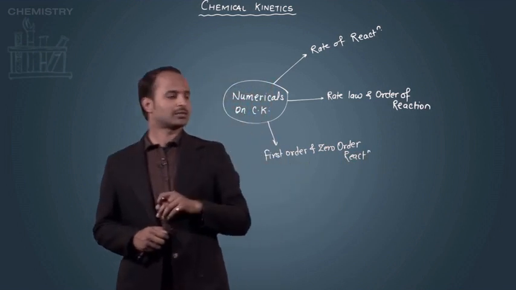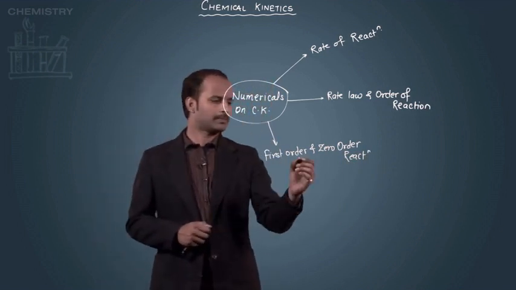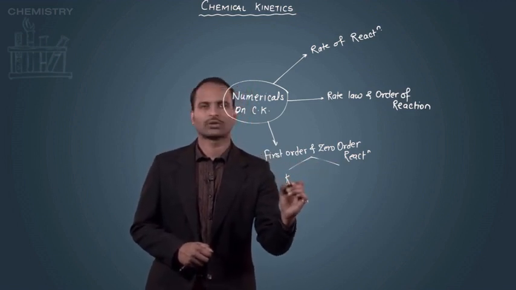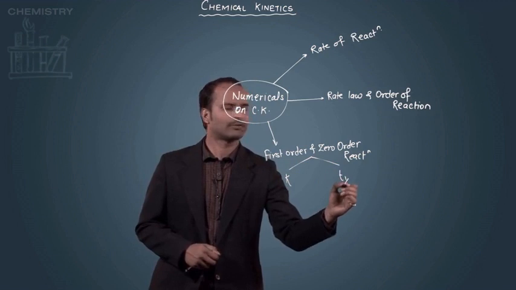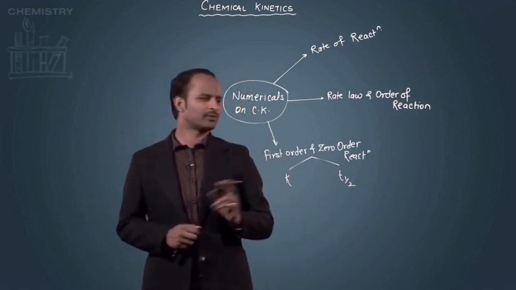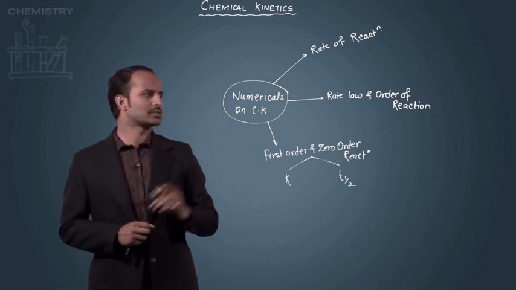Generally, in this case, either they ask the question on the rate constant or on the half-life period, that is T half. Generally, it is from the first order. From zero order, very rarely they ask the questions.